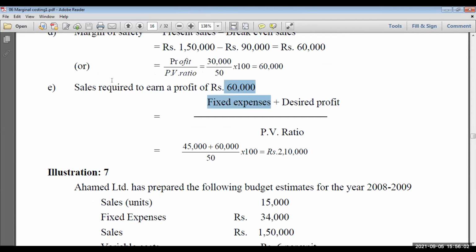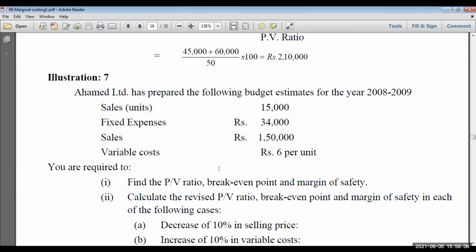What is the next one? Seventh one, please try. PV ratio 40%.